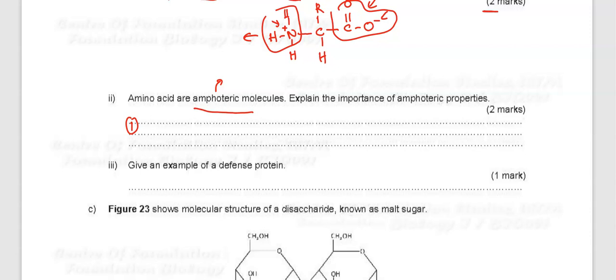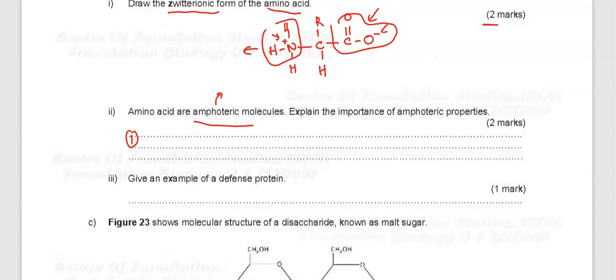Point number 2 is that when an amino acid ionizes in this form, it has negative and positive charge, by releasing and accepting hydrogen ions. Therefore, amino acids can function as a pH buffer. They can control the pH of the solution.